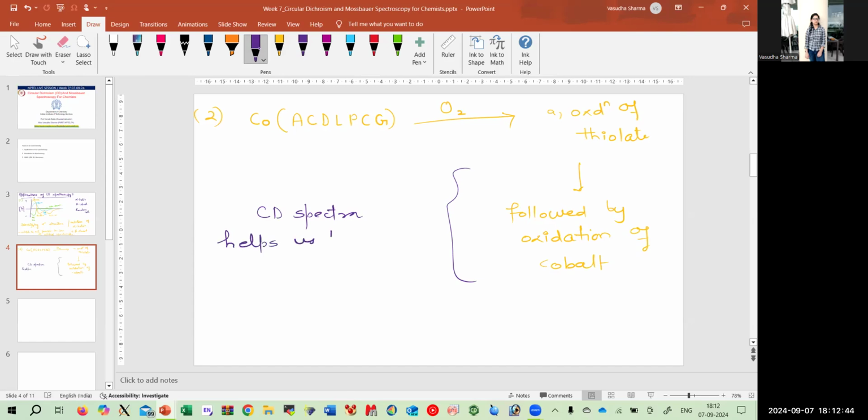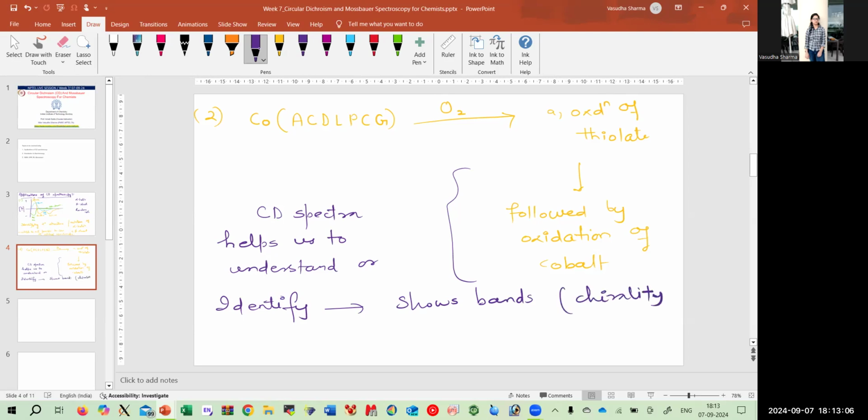The CD spectra helps us to identify this. It actually shows bands, and when CD spectra shows bands, that means a chirality has been induced.